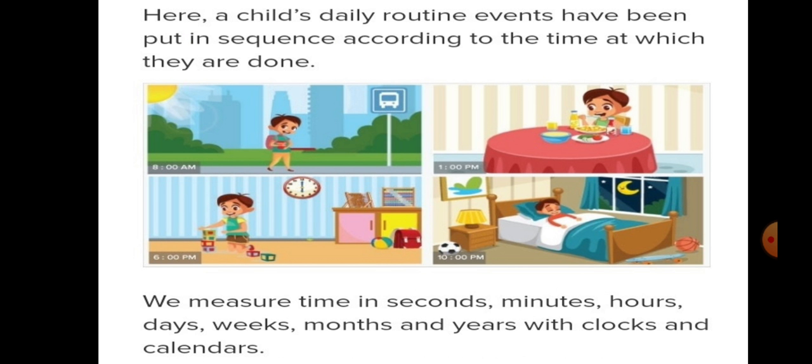Here, a child's daily routine events have been put in sequence according to the time at which they are done. We measure time in seconds, minutes, hours, days, weeks, months, and years with clocks and calendars.